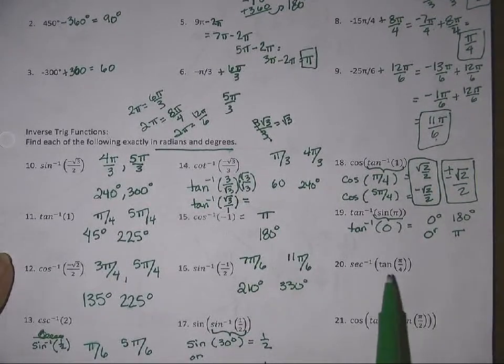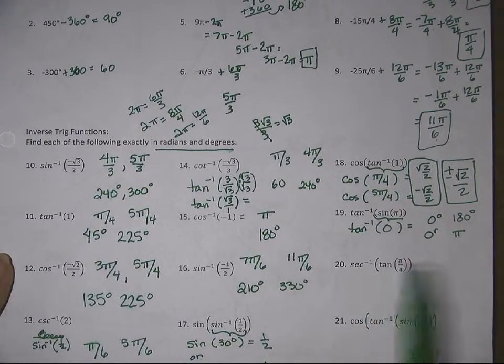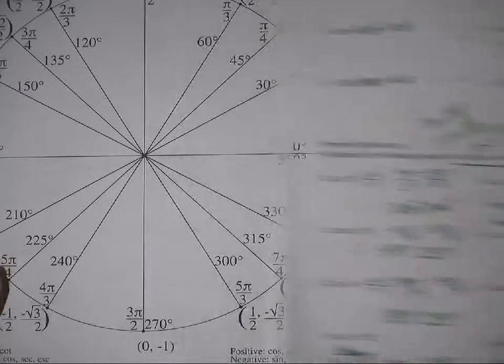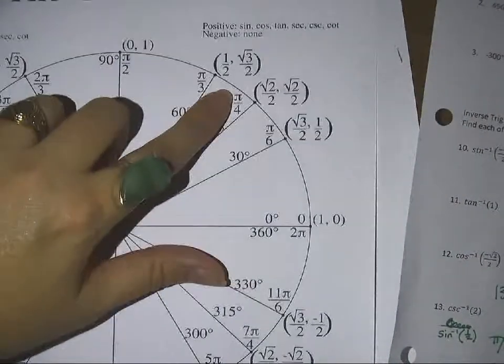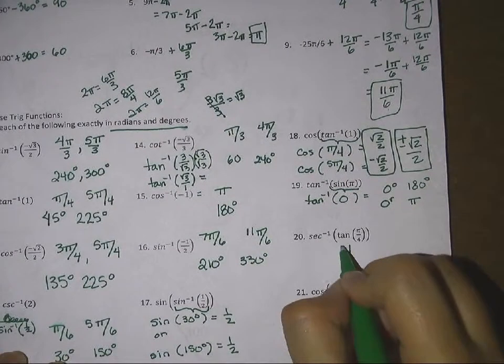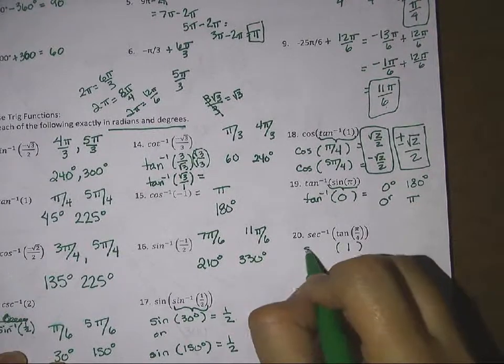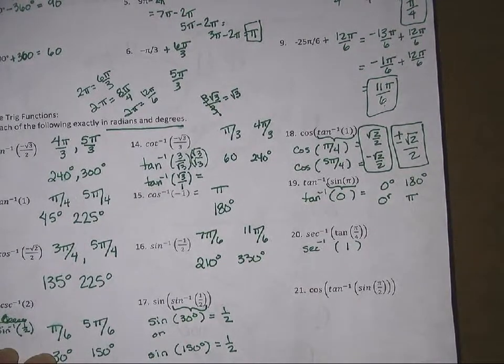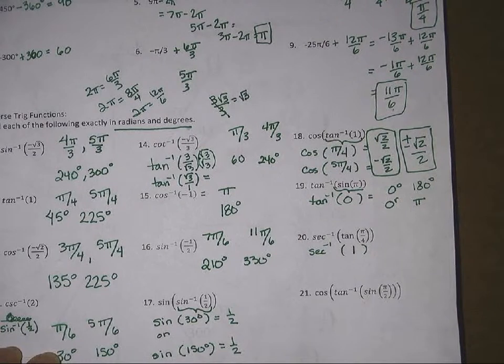Okay, our next one. Now it says take the tangent of pi over 4. Tangent of pi over 4, that's here. Well, tangent is y over x, so that's 1. And now it says to do the inverse secant. Where is the secant 1?